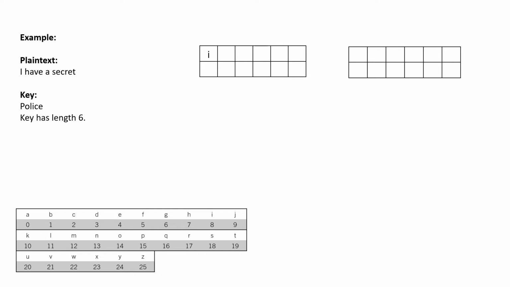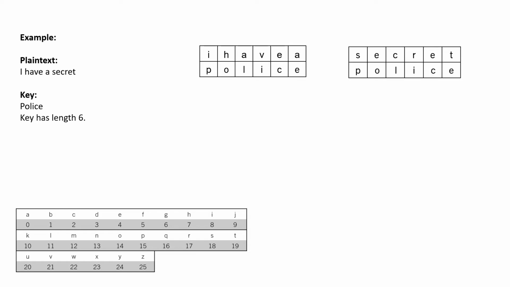So I goes in the first cell, H goes for the second cell, and so on and so forth. And we do it for the second block as well. And we want to add our key to our plain text. The key is police, so we do it for the first block, and we use the same key for the second block as well.